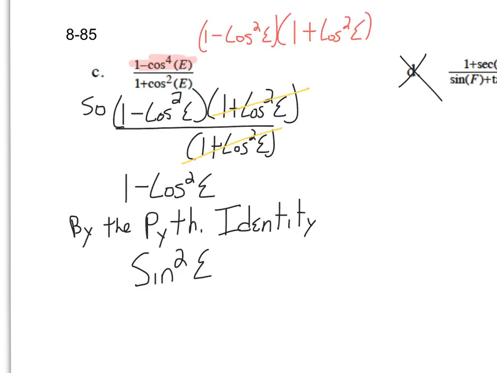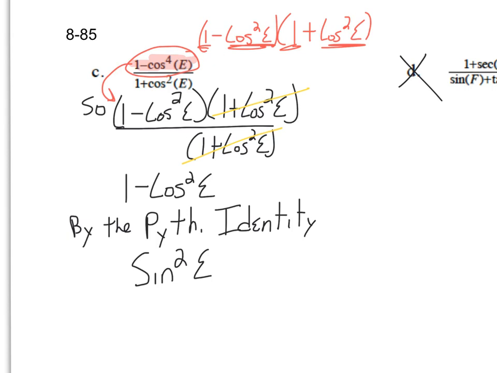Hopefully you noticed that you can take that numerator and it's the difference of two perfect squares. So you end up with 1 minus cosine squared x and 1 plus cosine squared x. So I'm going to replace that right there with 1 minus cosine squared x and 1 plus cosine squared x.